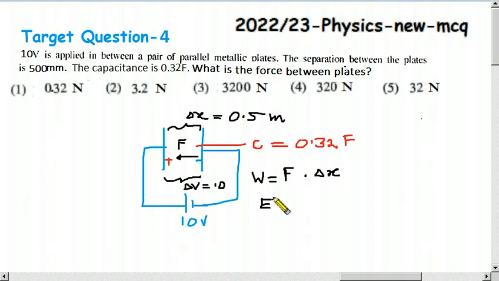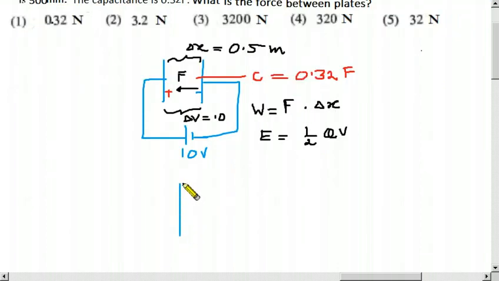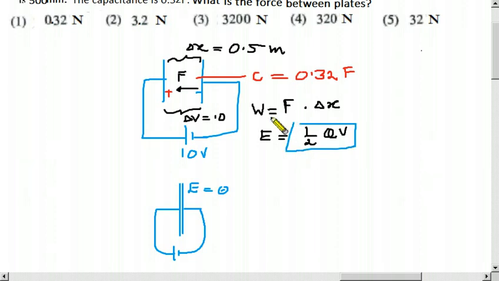Then the energy of the capacitor is half times Q times V. When these plates are together, there's no energy because all the ions are combined together and neutralized. So what happens to this energy? It is used to do this work. Therefore we can equate W equals E.